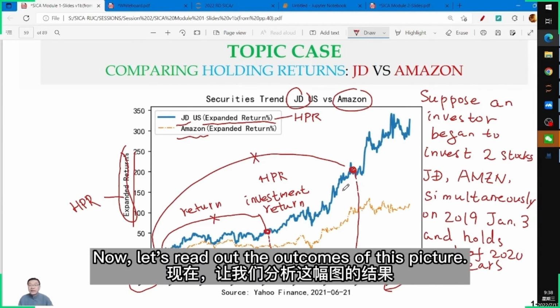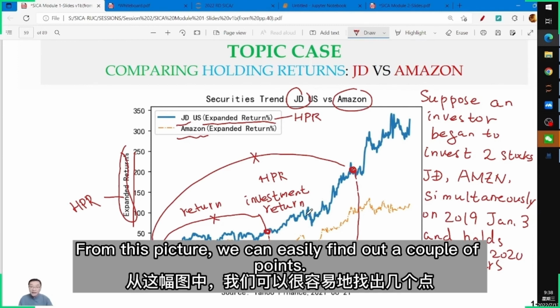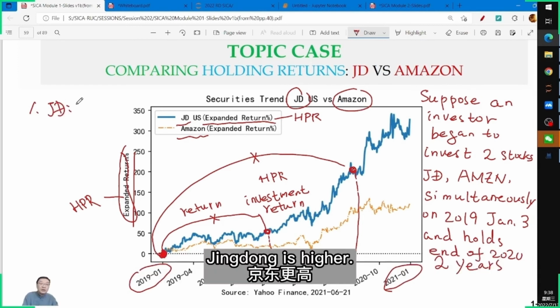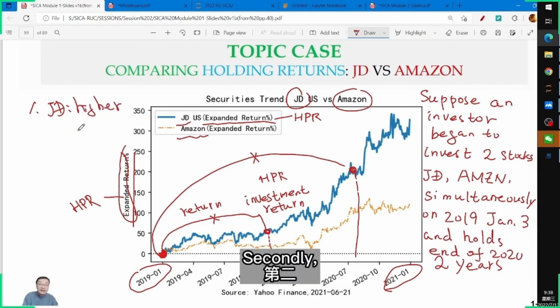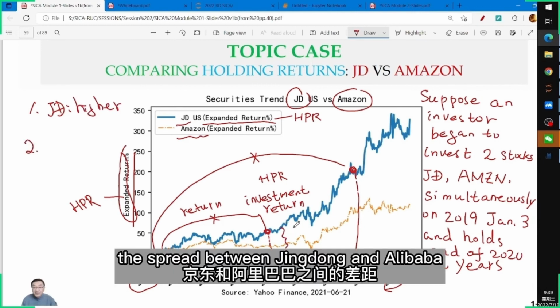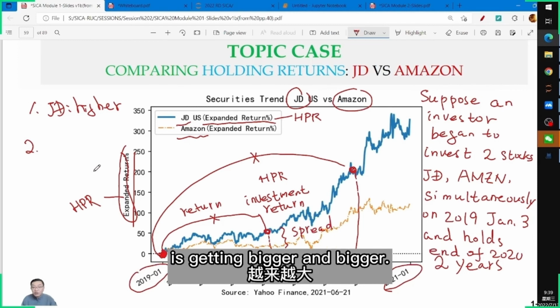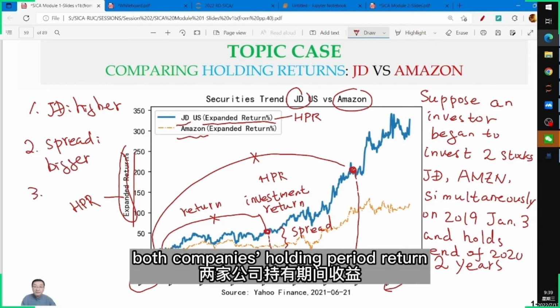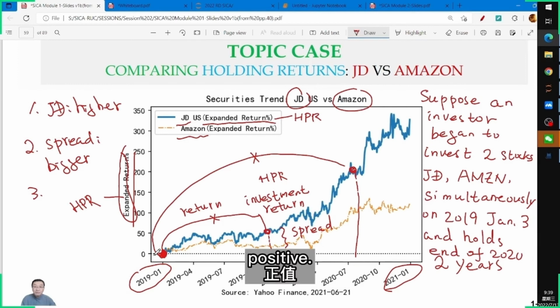Now, let's read out the outcomes of this picture. From this picture, we can easily find a couple of points. First point, from the perspective of holding period returns, which is higher? Jingdong is higher. Secondly, the spread between Jingdong and Amazon is getting bigger and bigger. Third, both companies' holding period returns are positive.